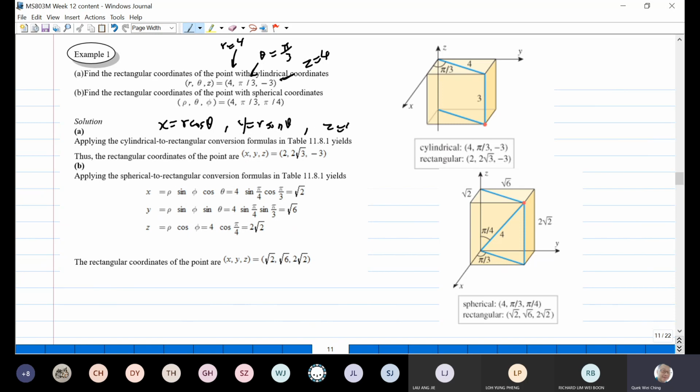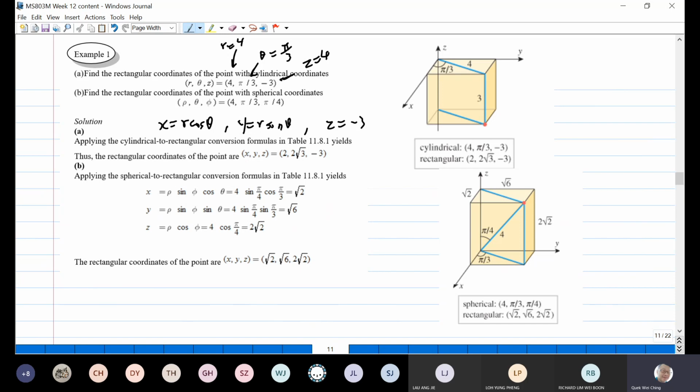And z equal to 3, sorry, z equal to minus 3. And z is the same. Okay, so you can put in the information: theta equal to pi over 3, r equal to 4, and then you can find out the point.